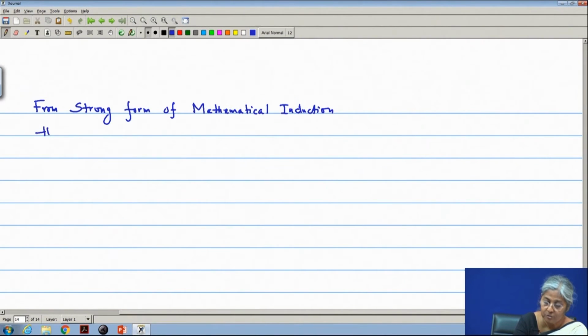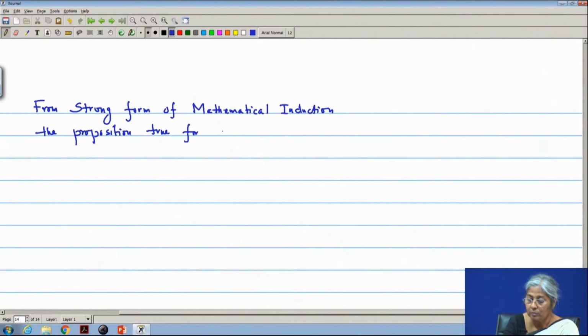The proposition is true for all preceding statements, true for all values less than n.